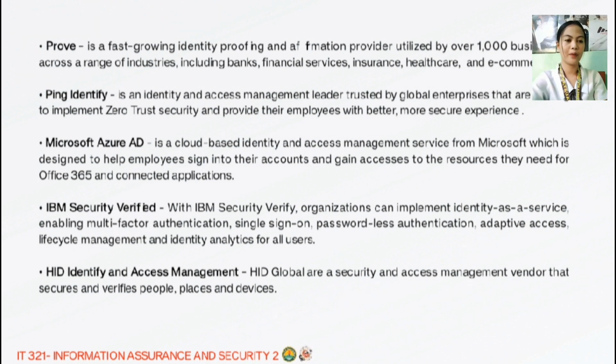IBM Security Verified. IBM is a multinational technology organization that serves clients in 170 countries worldwide. With IBM Security Verified, organizations can implement identity as a service, enabling multi-factor authentication, single sign-on, password-less authentication, adaptive access, lifecycle management, and identity analytics for all users.